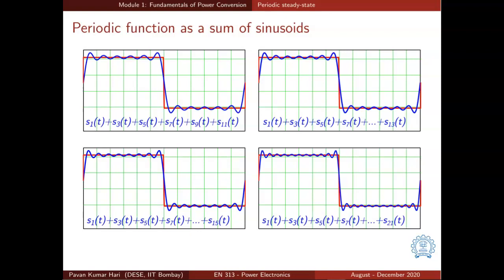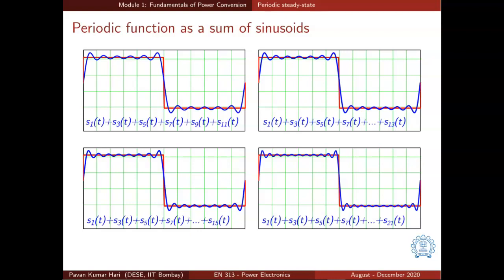It is important to note that only a specific combination of sinusoids in terms of magnitudes and frequencies can represent a given periodic function. In fact, it is a unique combination. Before we learn how to arrive at the combination of sinusoids, let us try to understand why such a representation of periodic function is important. It can be explained like this.